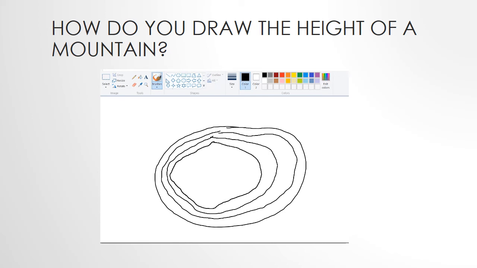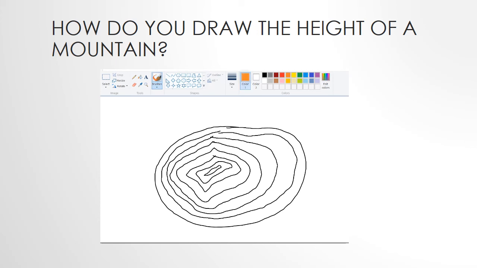So keep drawing these lines in here. You see the shape is going to change, and that's okay because that just shows how the mountain changes as well. Alright, and that last circle, that shows us the very top of the mountain.